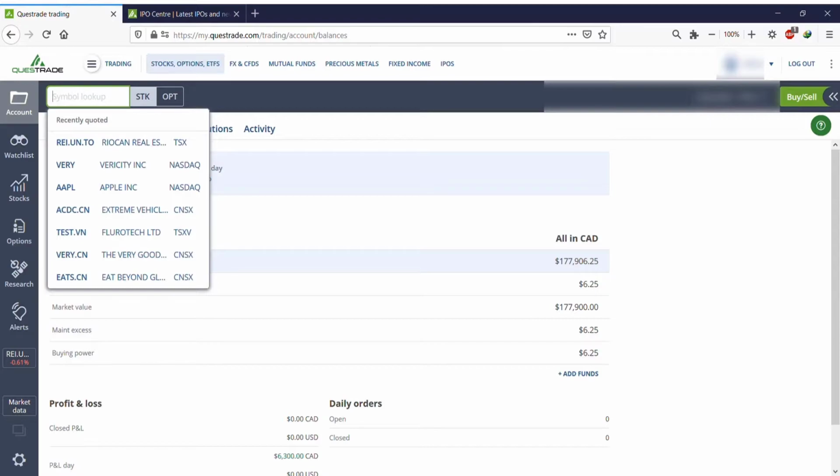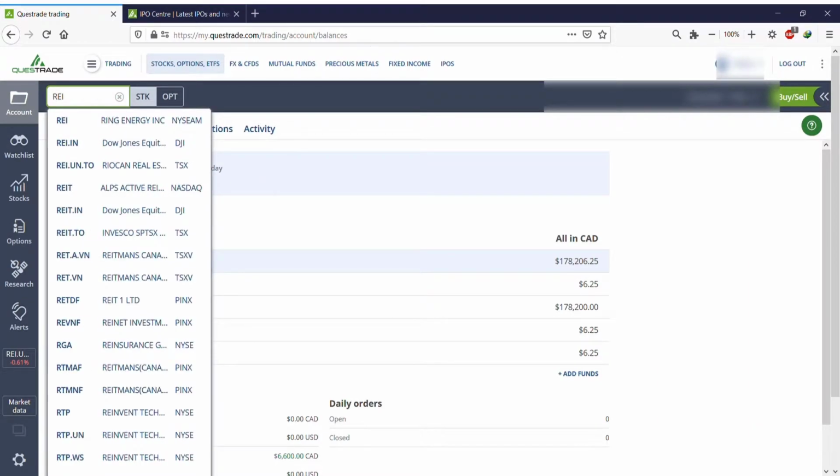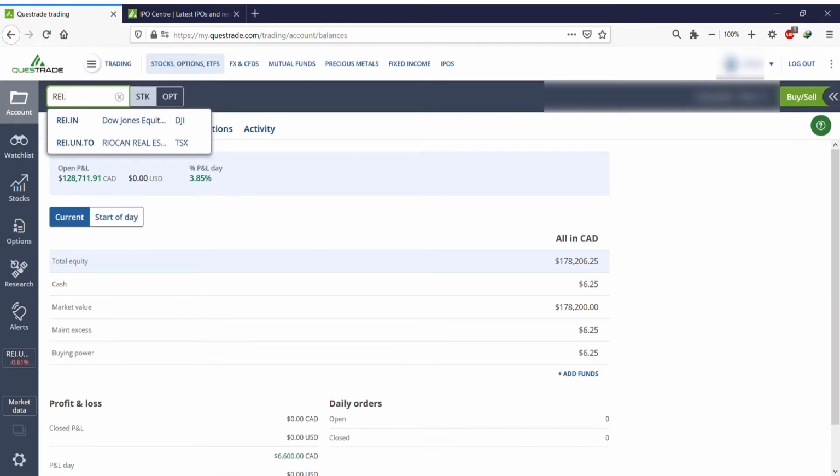So for example, let's look for REI.UN.TO, which is RioCan. As you can see, it shows you three pieces of information: first the ticker symbol, then the name of the company, and then where it's listed. TSX means Toronto Stock Exchange.